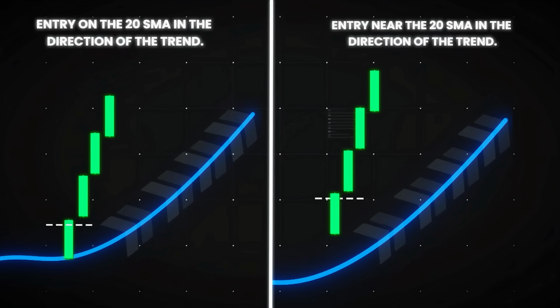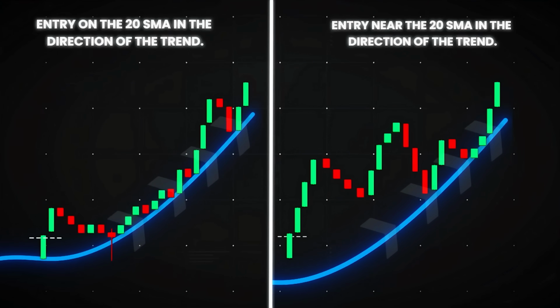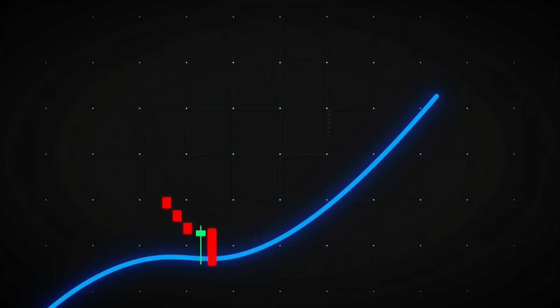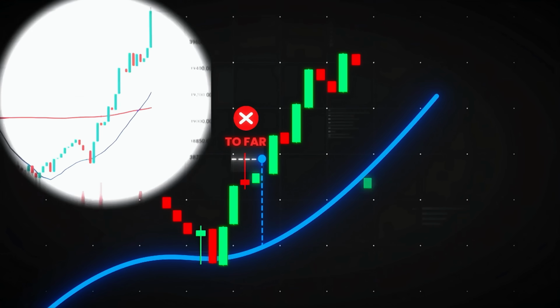If you just dive into that current, it's usually so powerful it'll take you away with it. You can even enter wrong, too far away from the 20, and it still works because the current is so powerful.